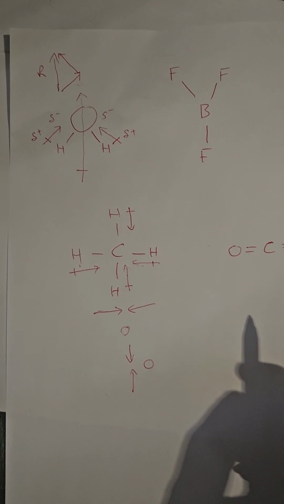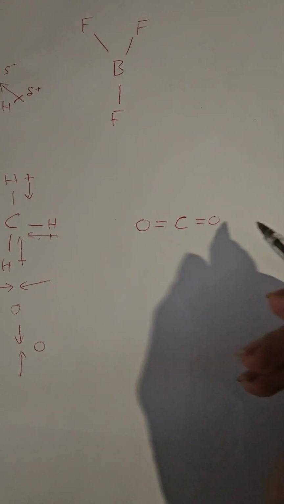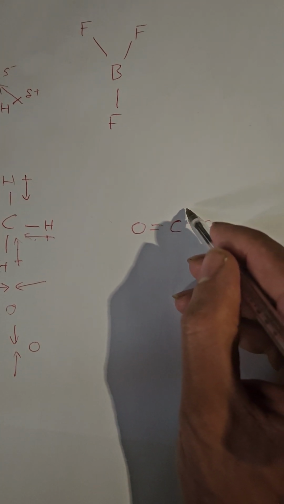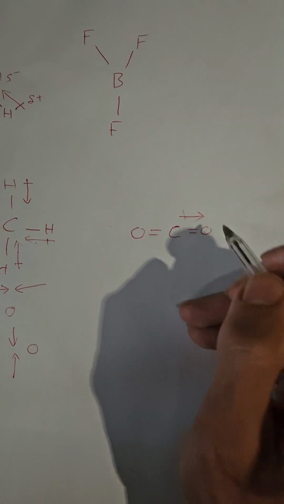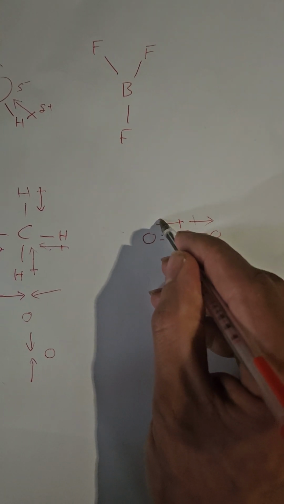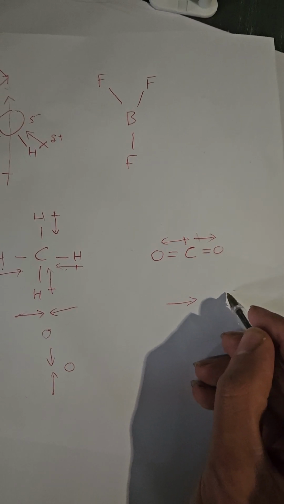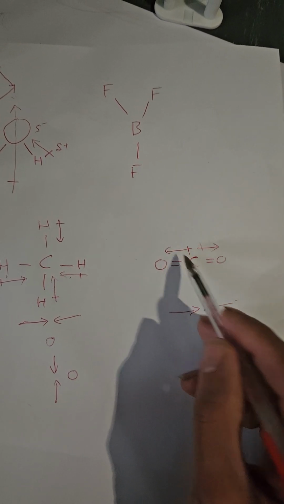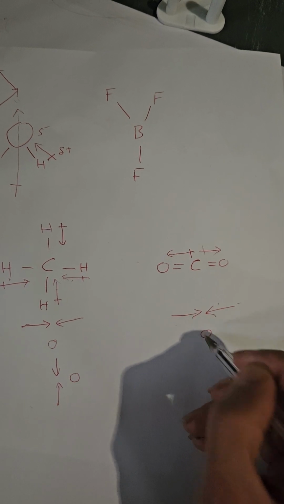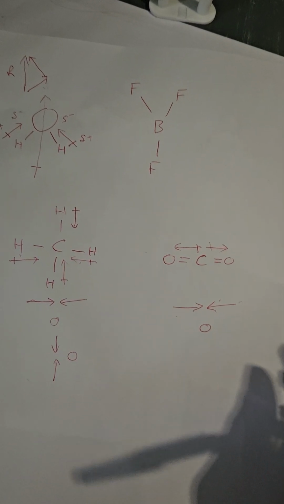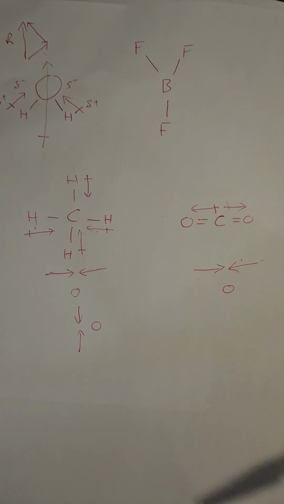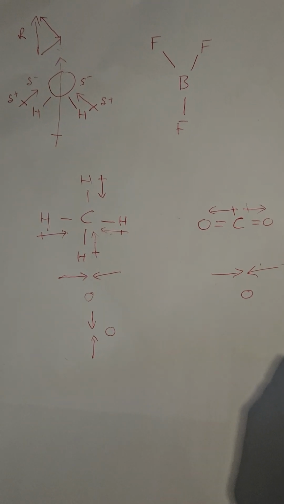So it's non-polar. For this one as well, we can see that even though there are 2 dipoles, what happens if I add a vector in this direction and one in that direction? So this one and that one, they add up to 0. There's no net dipole. Okay, and for this one, there's a symmetrical distribution of charge.